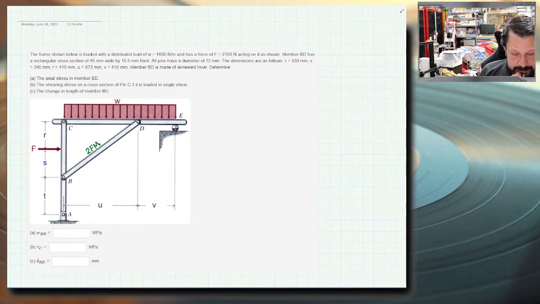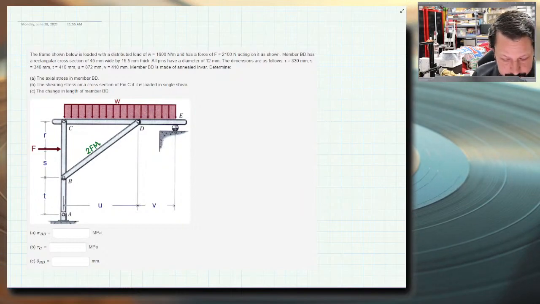So it looks like I could probably get away with either working on member ABC or member CDE. So in that case, I think I'll just do summation of moments about A in order to find the reaction at E, find EY. So let's do that.